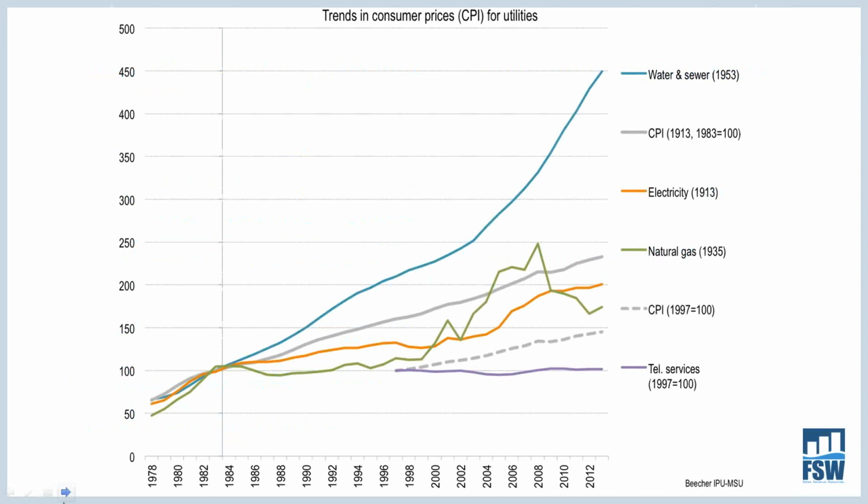And so here's a chart from Jan Beecher at Michigan State University. She runs the Institute for Public Utilities. And this chart really shows the runaway increase in water and sewer prices. As compared with electricity in the brown line, water and sewer rates are really climbing, and they're climbing much faster than CPI, which is shown in the dotted gray line.